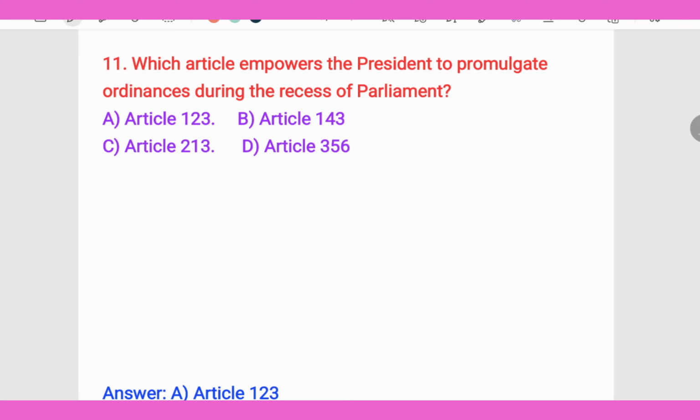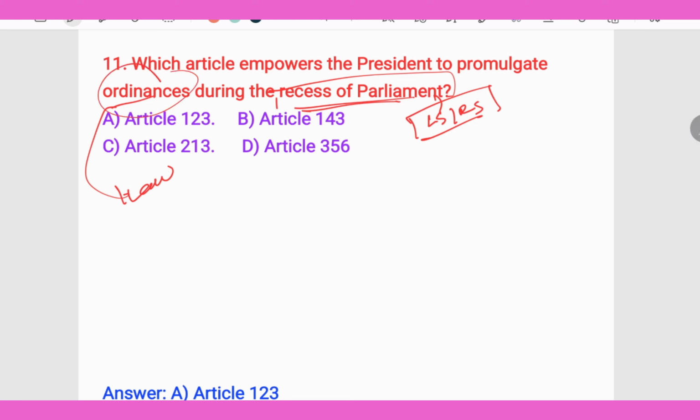Next question is, which article empowers the president to promulgate ordinance? Ordinance means a law during the recess of parliament. That means when the parliament is not in session, both of the houses, Lok Sabha and Rajya Sabha, are not in session. In that time, the president can issue or bring a law that is called an ordinance.